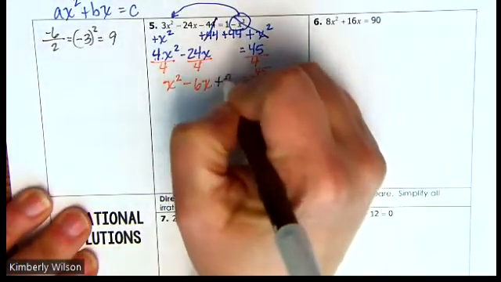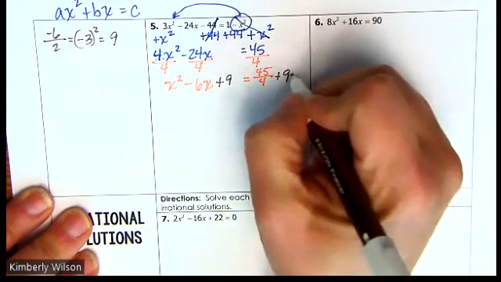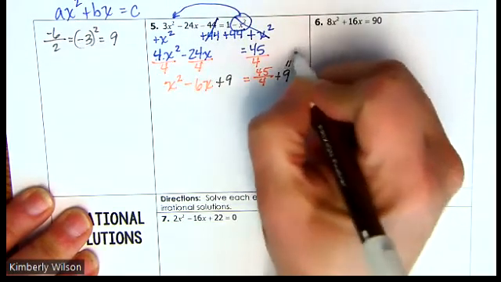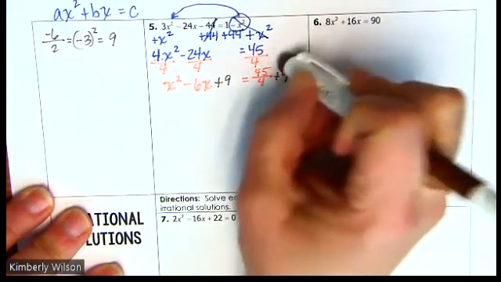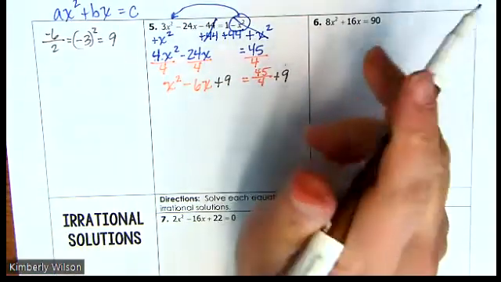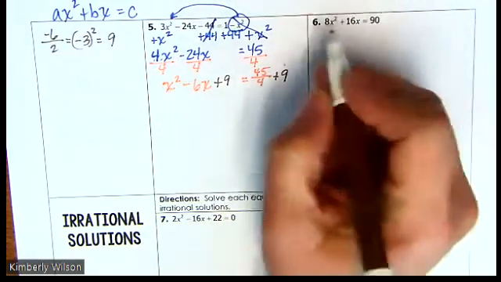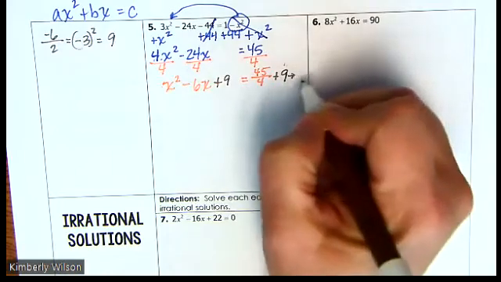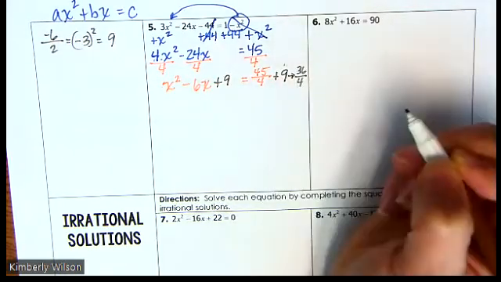So I'm adding 9 to both sides, which is the same as our common denominator, 36/4.